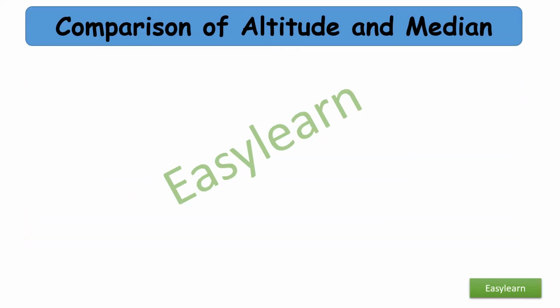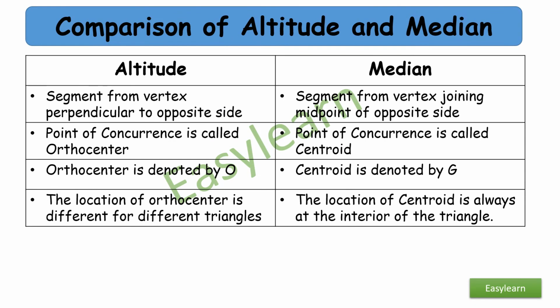Comparison of altitude and median. Now, it's just a small comparison between an altitude and a median. Altitude is a segment from the vertex perpendicular to the opposite side, whereas median is a segment from the vertex joining the midpoint of the opposite side. The point of concurrence in altitude is called orthocenter.